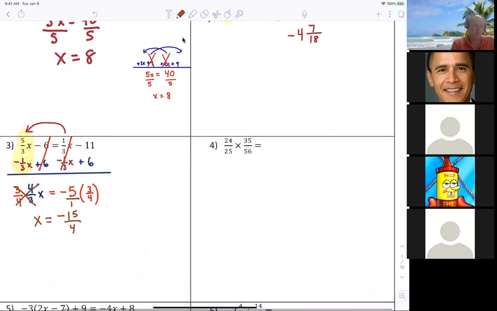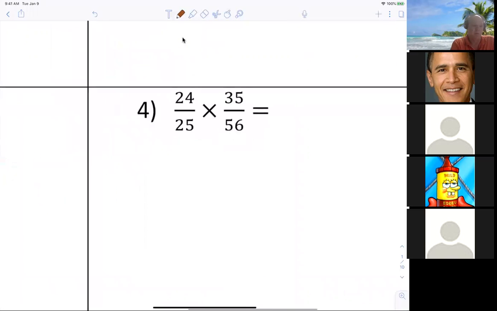Let's check out number 4. Now, number 4, straight multiplication. So we always try to cross divide. What goes into 25 and 35? 5. Good. What about 24 and 56? 8.